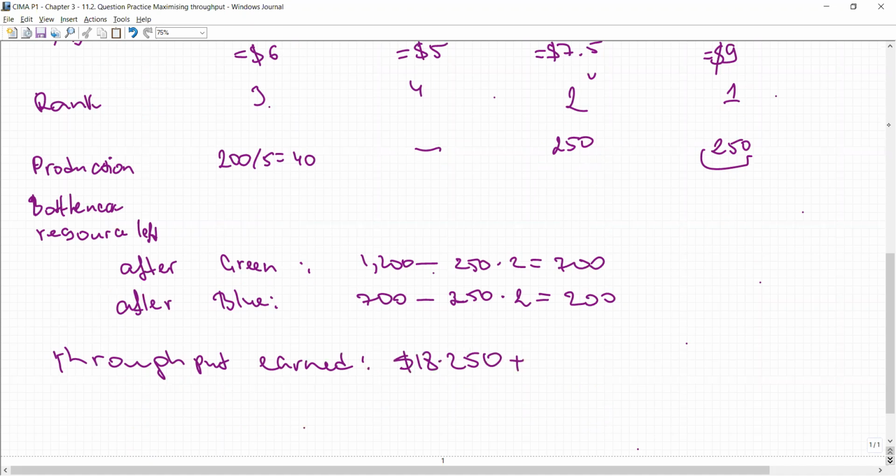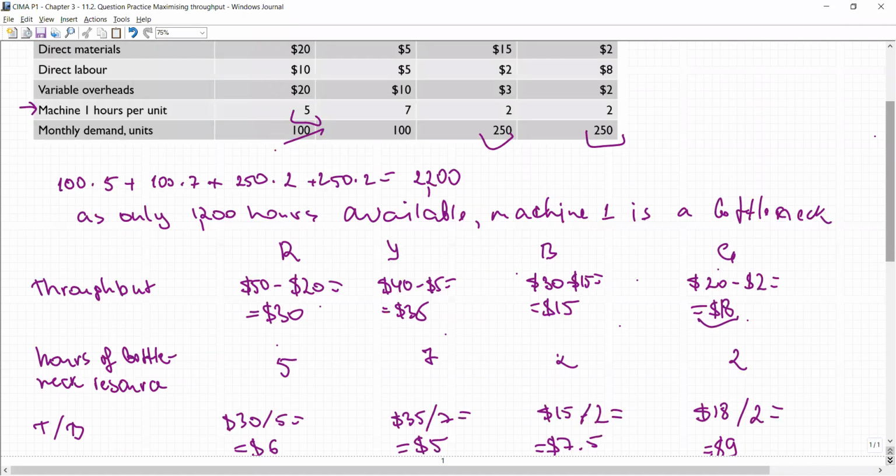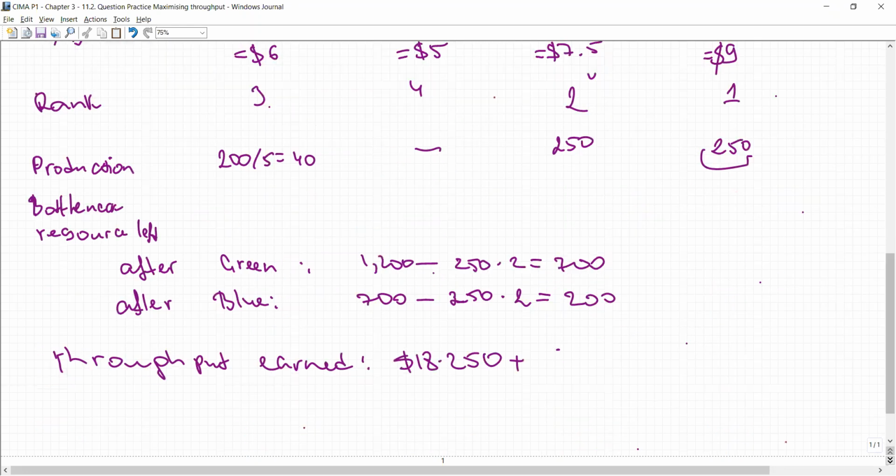For product blue, we take the full throughput, not throughput per unit of bottleneck resource, which is 15, and multiply by how many units we decided to produce, so 15 multiplied by 250.